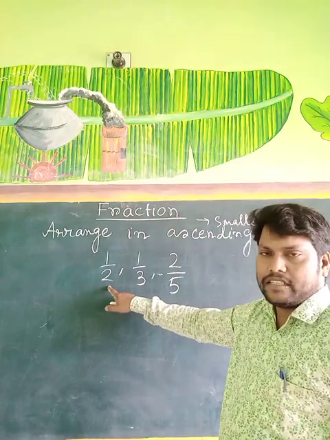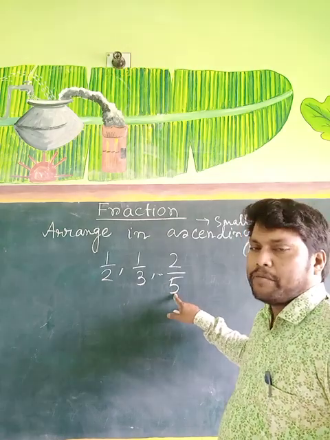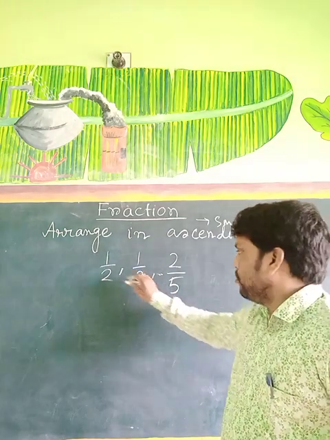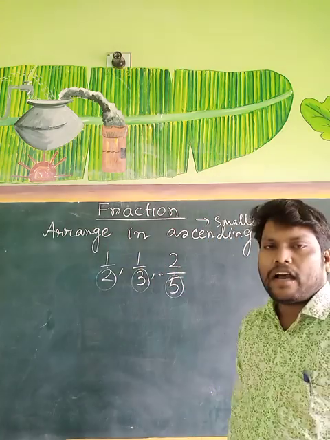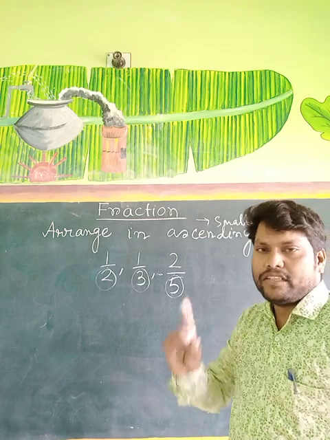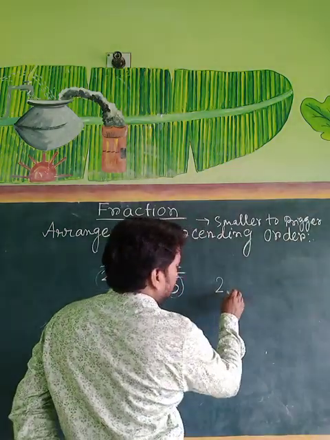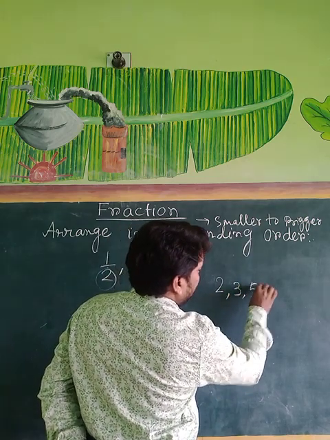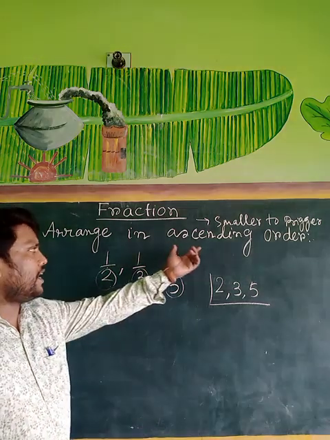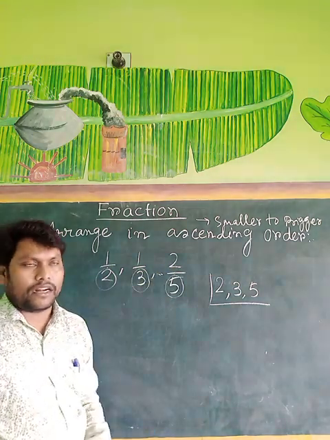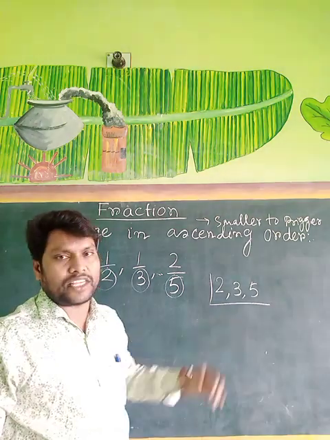At first there is denominator 2, there is denominator 3, there is denominator 5. So these are all unequal. Their denominators are unequal. So what is the first step? At first find their LCM of 2, 3 and 5. In any kind of problem, when you arrange in ascending or descending order, or find the largest or find the smallest, you will apply this process.